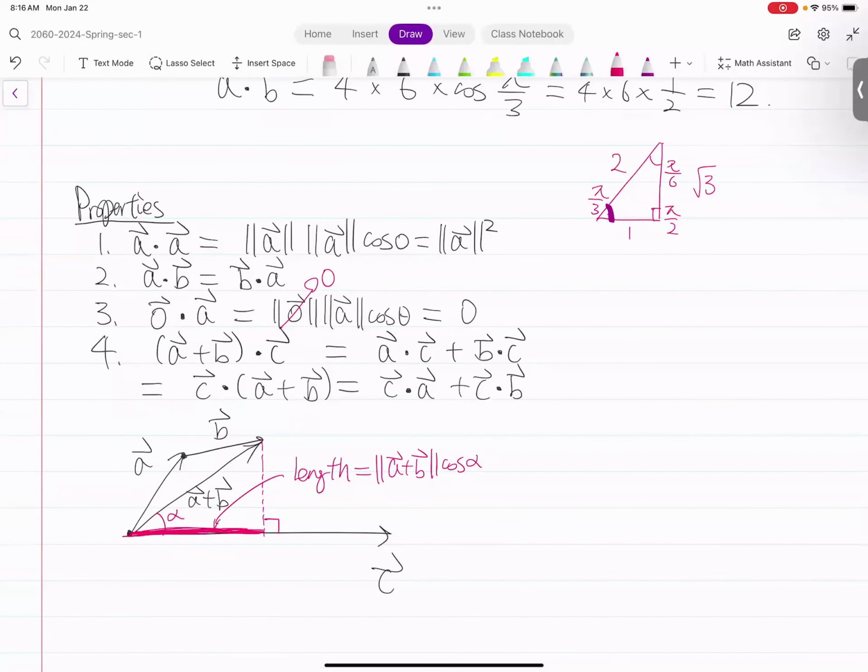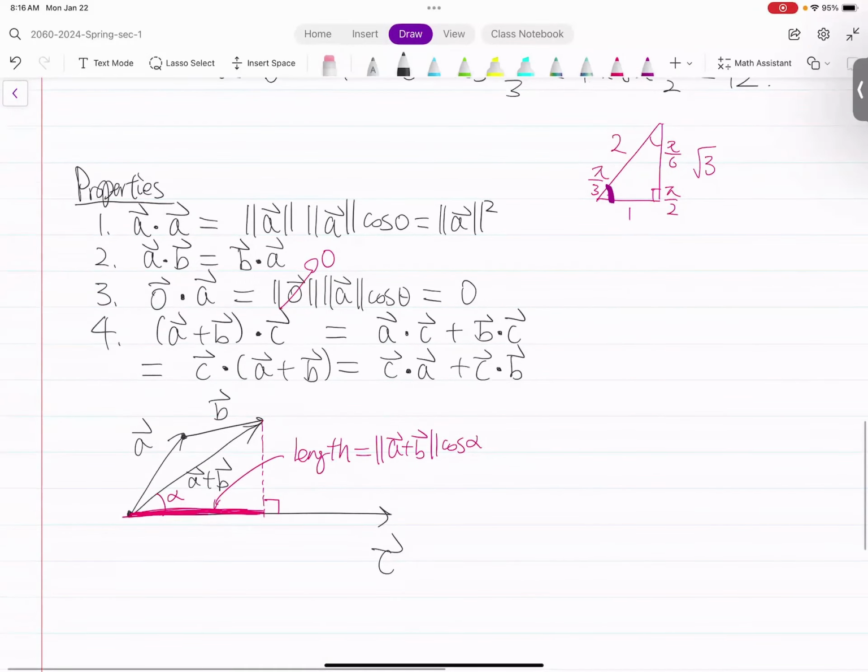And then we use this quantity to multiply by the magnitude of C, that will give us the left-hand side. So that's what it is. Okay. All right, so that's the idea for the left-hand side.